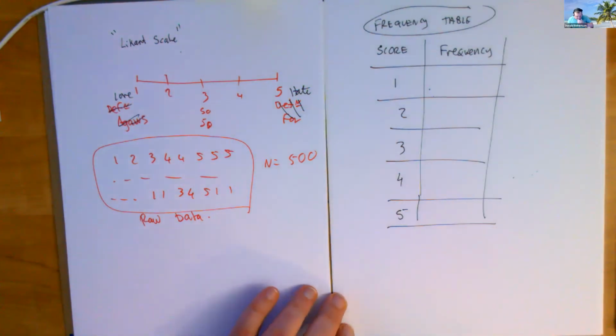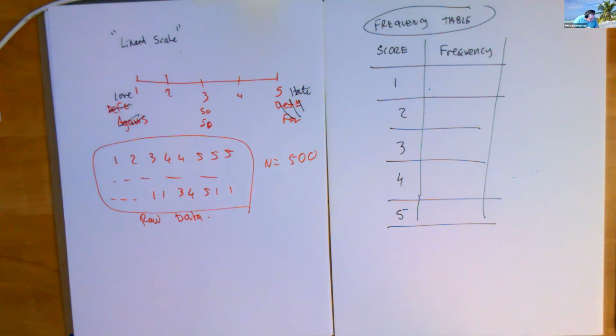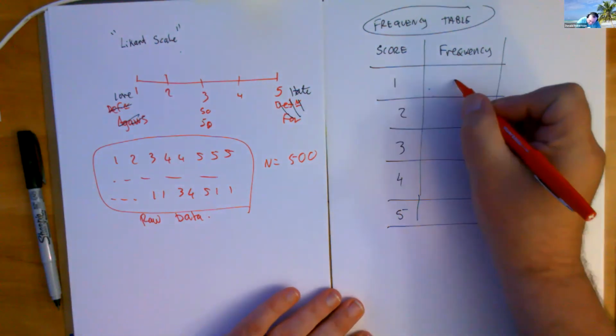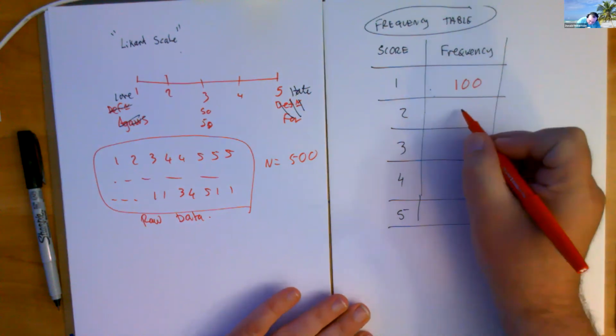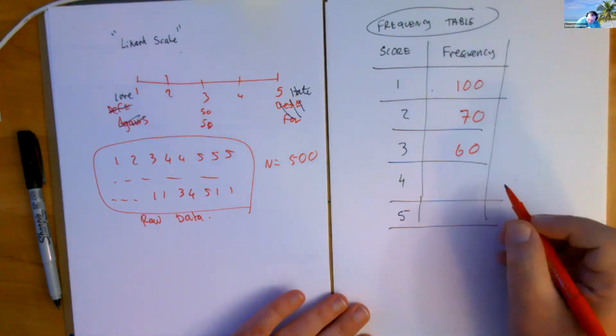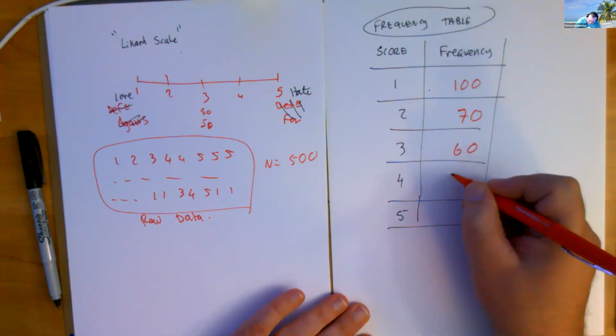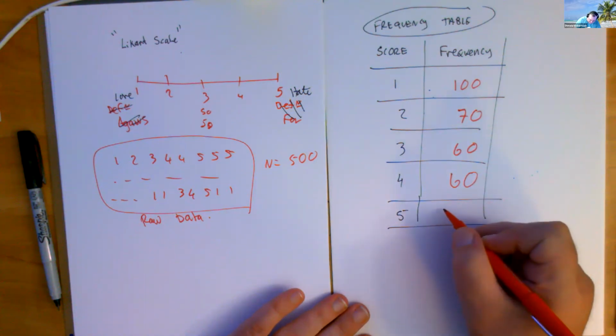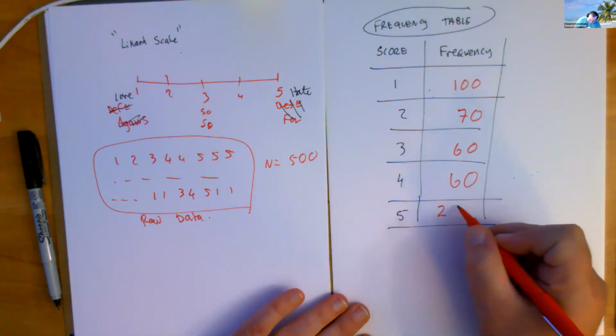And in this particular way of getting the data, can we pretend that the numbers were 100, 70, 60, what's that, 230, 290. There we go.